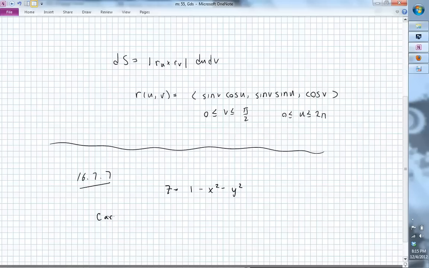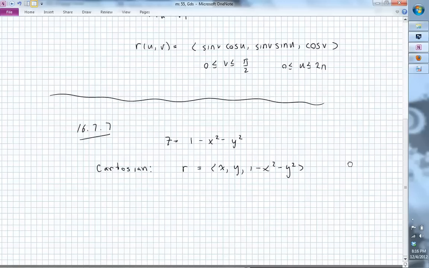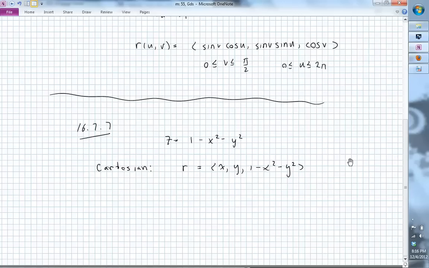For Cartesian, you would do something like r equals x comma y comma 1 minus x squared minus y squared, and then go through that whole r_x cross r_y. Or you could do this in polar, and then you would do r, and this is not the same r, but r cosine theta, r sine theta, and then 1 minus r squared.